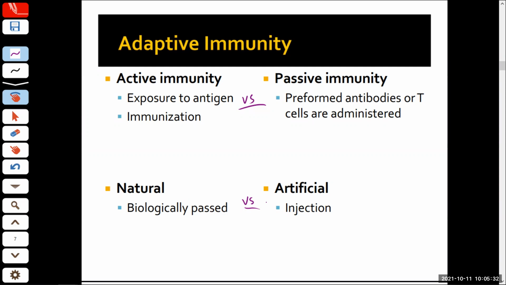Take, for example, the flu. You get exposed to the flu. The idea here is that you learn how to produce antibodies, i.e. you learn new memory.